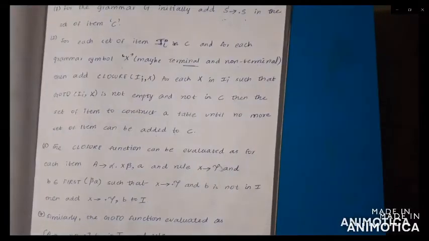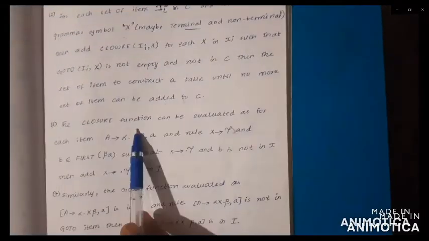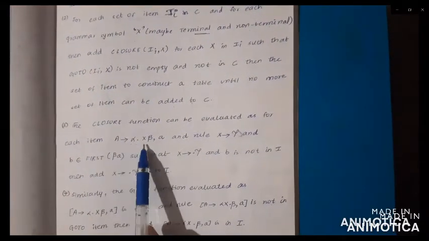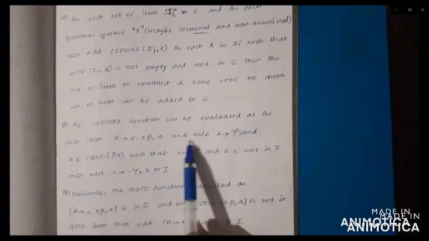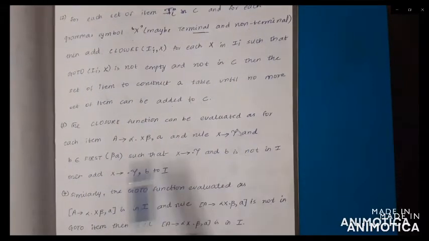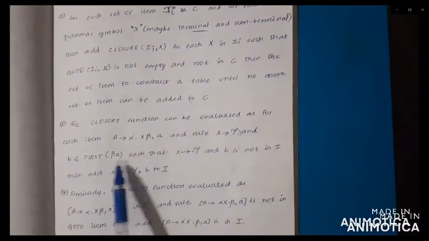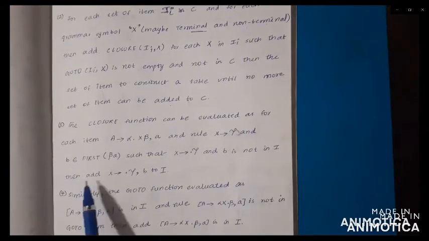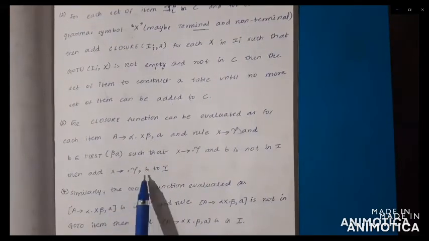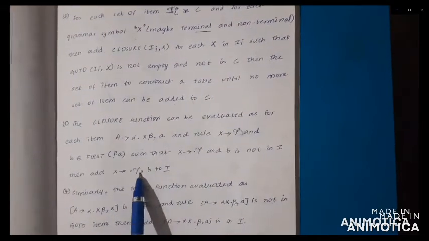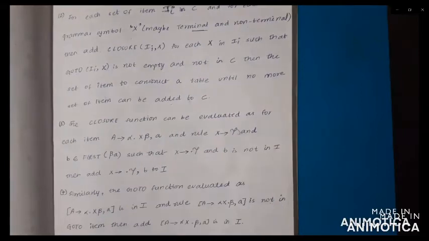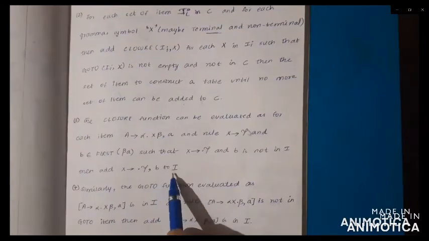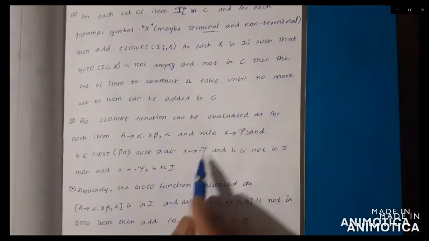The closure function is evaluated as follows: for each item A tends to alpha dot X beta, comma a, and the rule X tends to gamma, and b belongs to first of beta a, such that X tends to dot gamma and b is not in I, then add X tends to dot gamma, comma b to I. This is how you check the lookahead function, based on the third rule only.